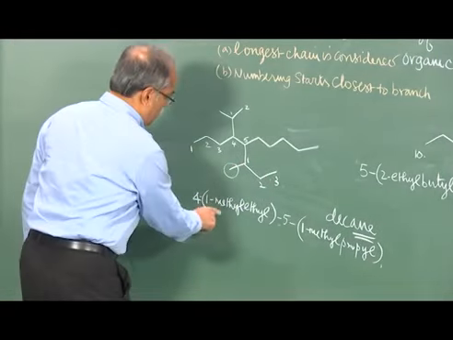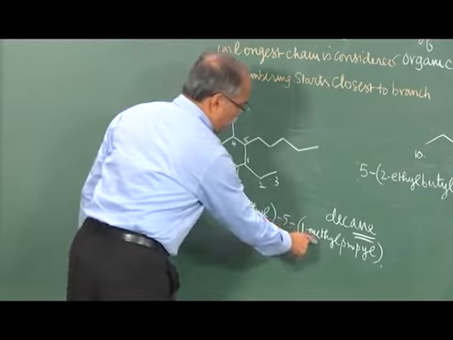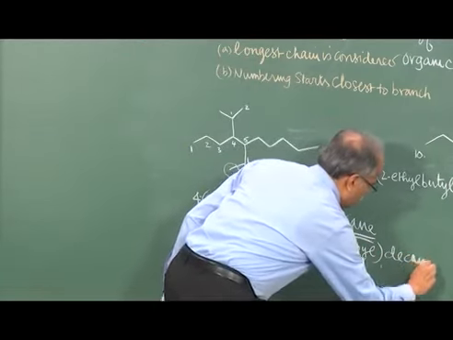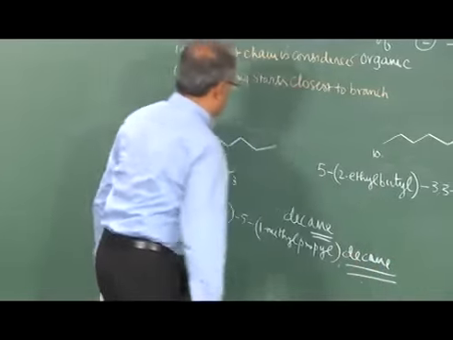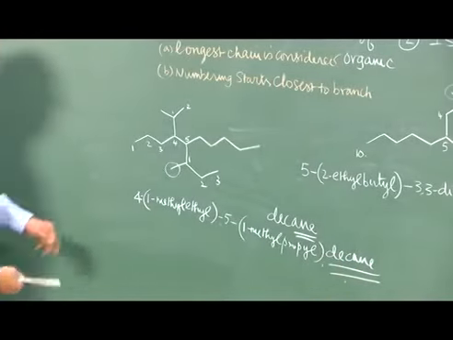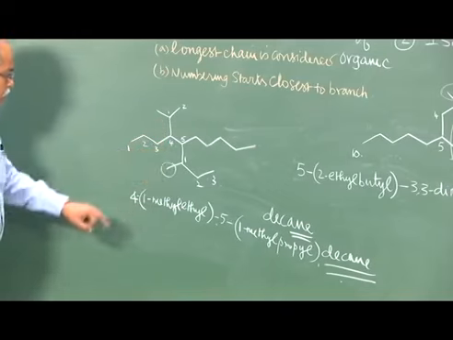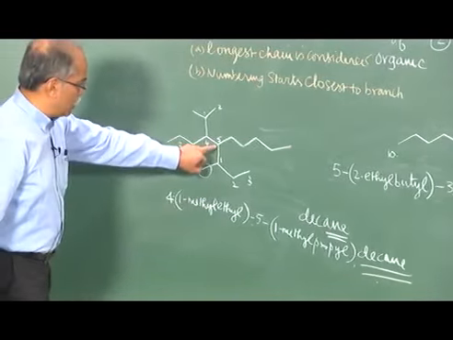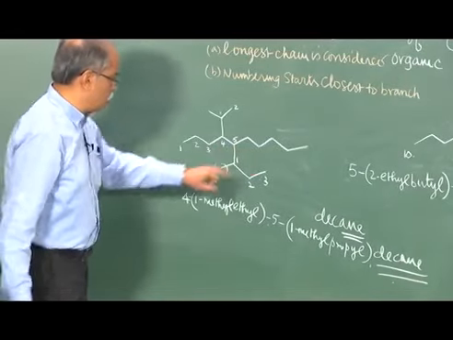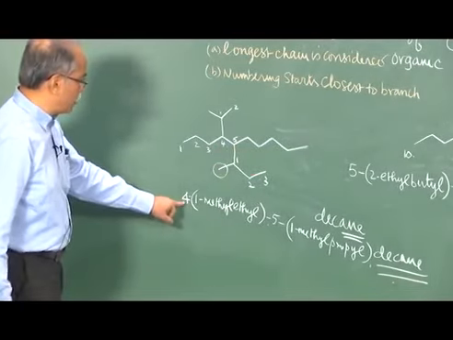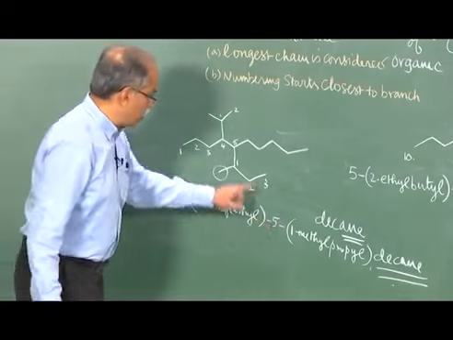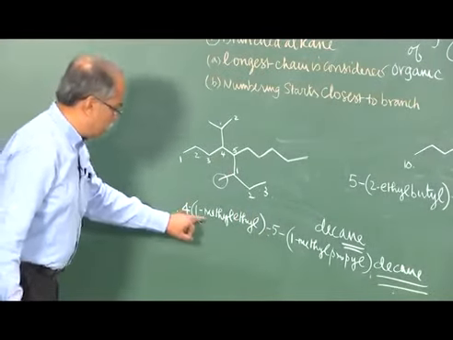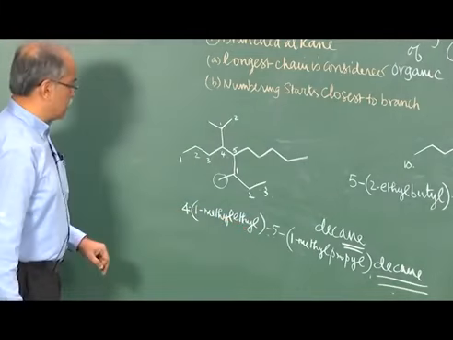So, 4 1-methyl ethyl, 5 1-methyl propyl decane is the name of the compound. It is a C10 chain. There are 2 branching chains. Each of the branching chains is first given the primary number of the carbon to which it is attached on the main chain. It is attached to the 4 position and it is also attached to the 5 position, the 2 branching chains. Now, what the branch is, is described within parenthesis.